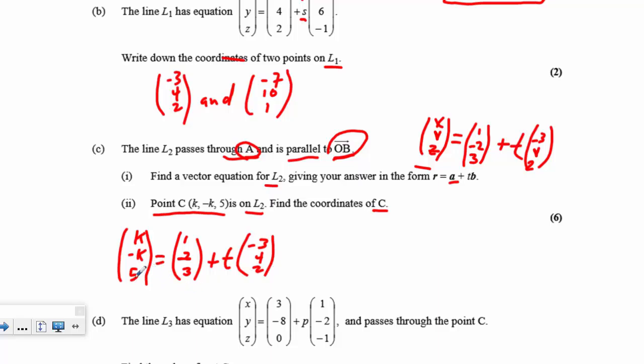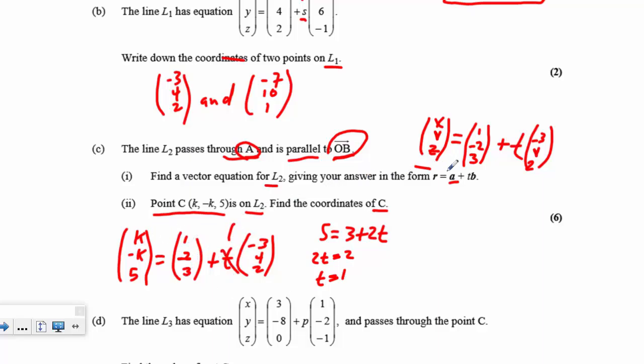And looking at this, I can see 5 is equal to 3 plus 2 times t. So 5 is equal to 3 plus 2t. If I subtract 3 from both sides, I can see that 2t is equal to 2, and therefore t must be equal to 1. So now I think this t is equal to 1 here.